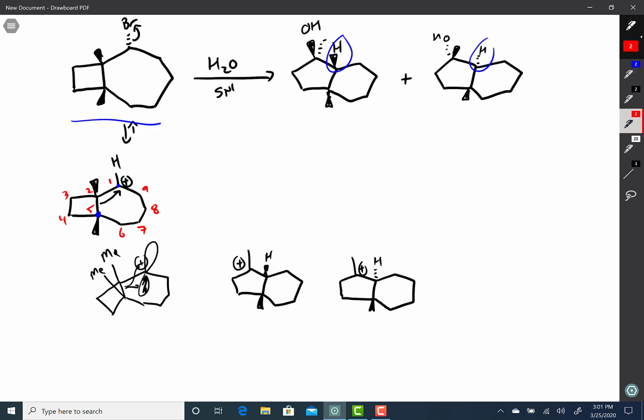And the new bond ends up between carbons 5 and 1. 2, 3, 4, 6, 7, 8, 9. The carbocation ends up on carbon 2 because we're moving the electrons away from carbon 2. So the carbocation ends up right there. It can be transferred to the top side or the bottom side, so either of these two.